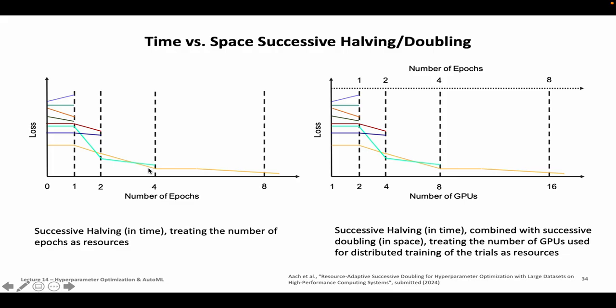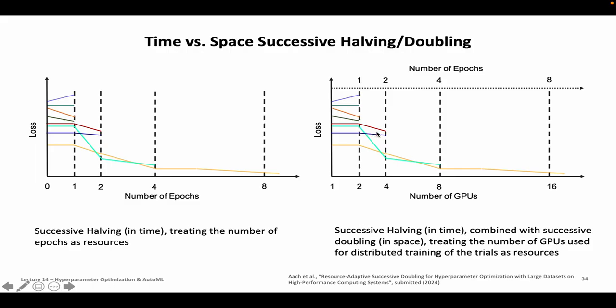It is, however, also possible to add a spatial component to this successive halving loop and perform a successive halving in time, while at the same time performing a successive doubling of the compute resources in space. And this is shown on the plot here on the right, where again we terminate the badly performing trials.